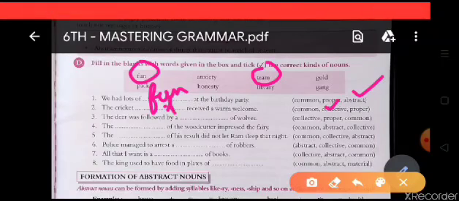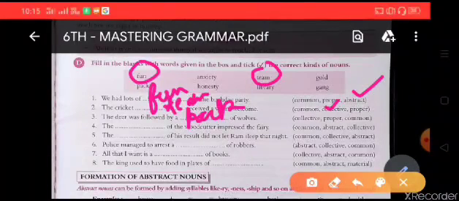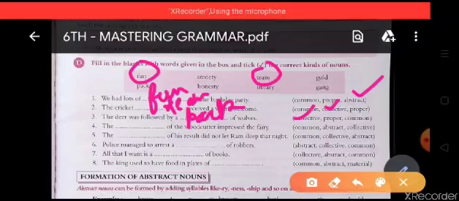Now here we have to write team. The third: "The deer was followed by a pack of wolves." Pack of wolves is a collective noun.